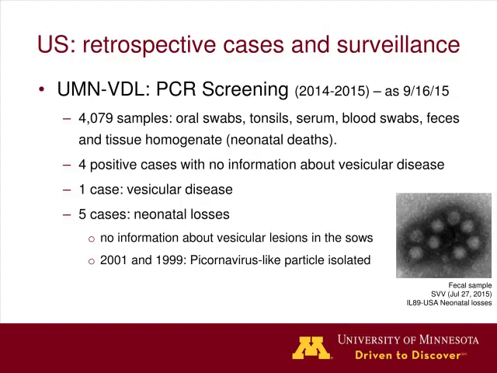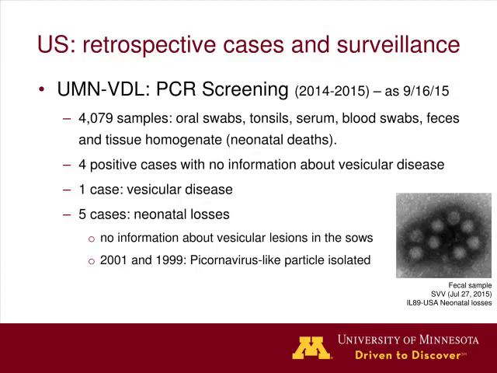Because if it had, we would take another direction in terms of sample collection and processing for FAD investigation. So again, another example of maybe missing some vesicular disease in this neonatal loss.